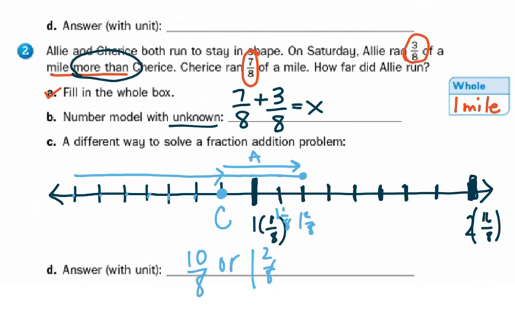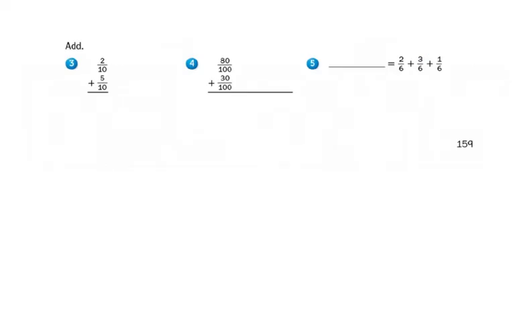Let's continue now and move out of word problems and just move to equations at the bottom of journal page 159. We're going to go ahead and add 2/10 plus 5/10 is 7/10. 80 hundredths plus 30 hundredths is 110 hundredths.